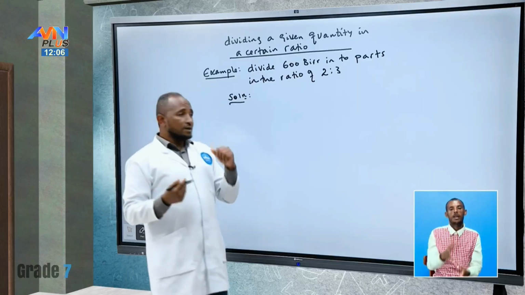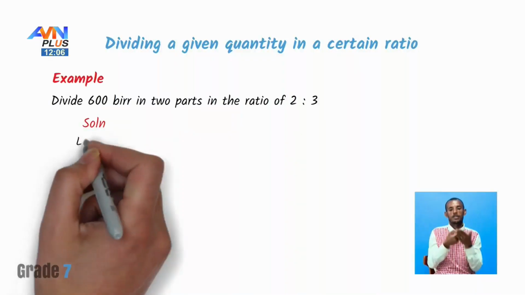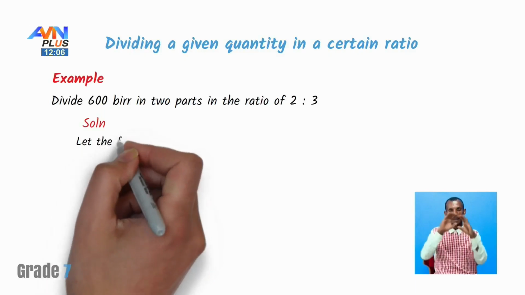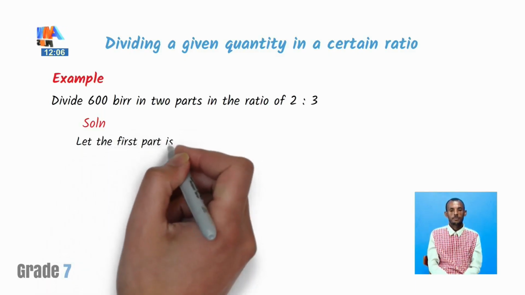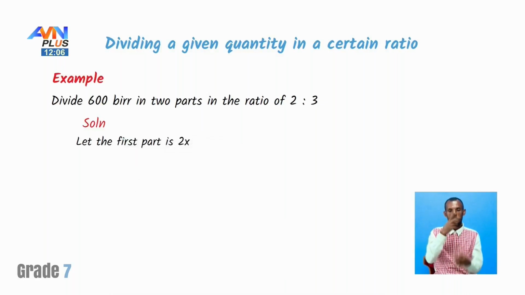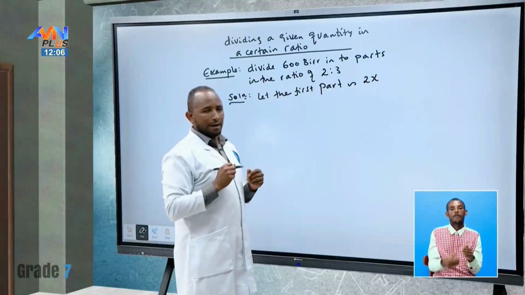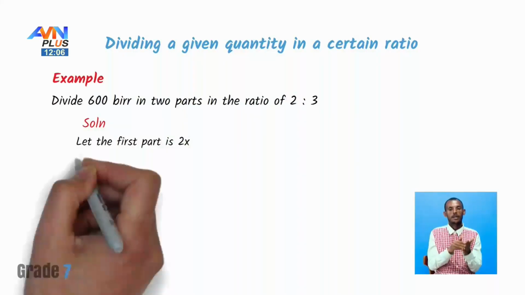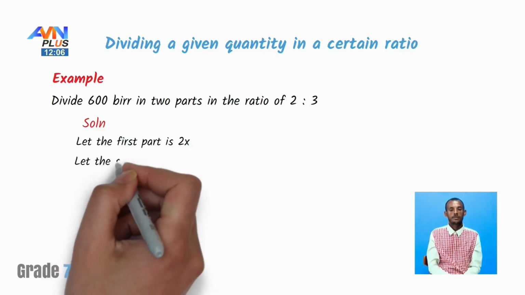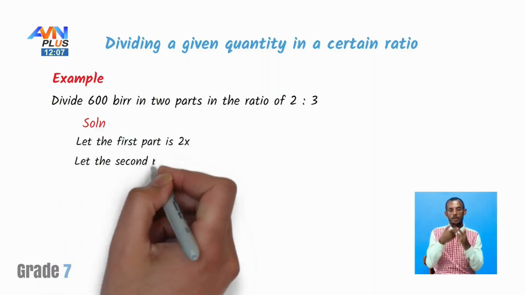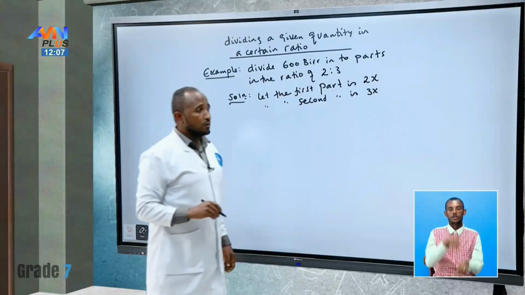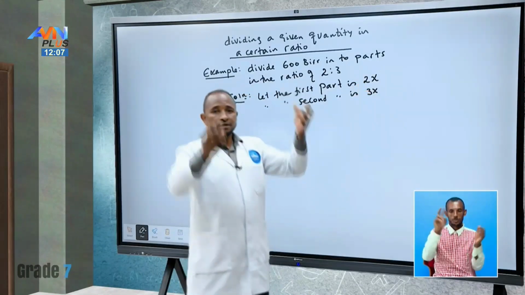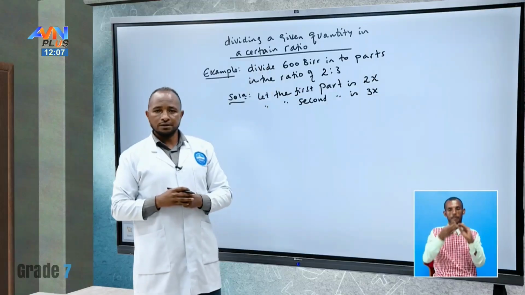Therefore, let the first part be 2 times a certain quantity, x. Since this one is the lowest term, let's find the original term by multiplying. And again, let the second part be 3x. So, these 2 together give the total amount 600.